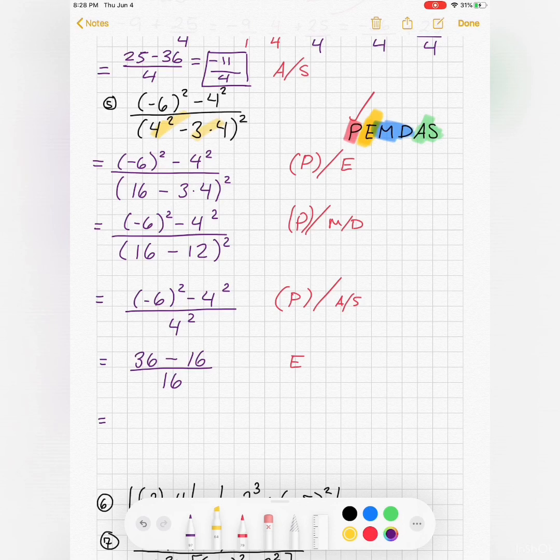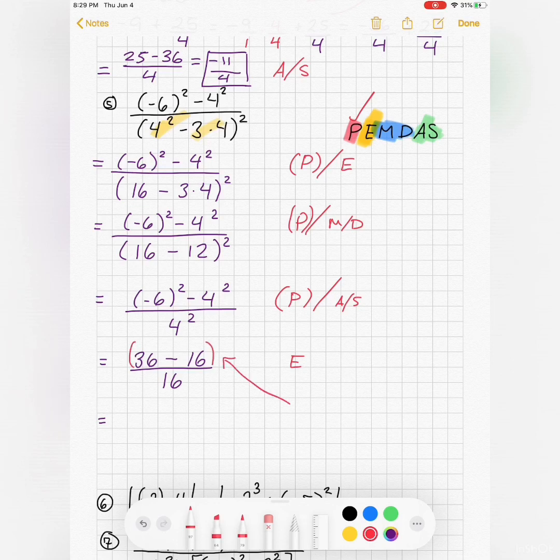Okay, so be careful. How do I decide what to do next? I'm supposed to do multiplications and divisions before additions and subtractions, but be careful. You see how these two terms are both together in the numerator?